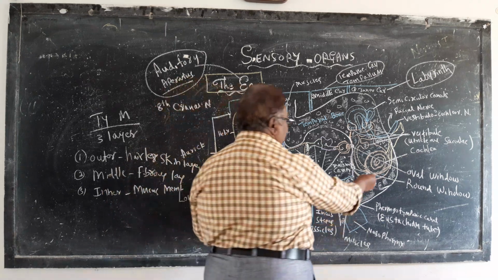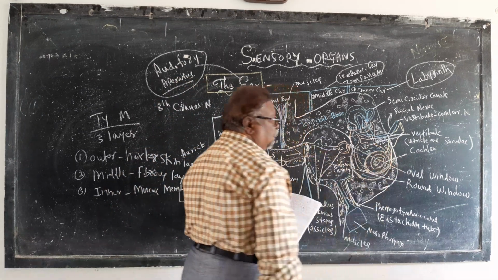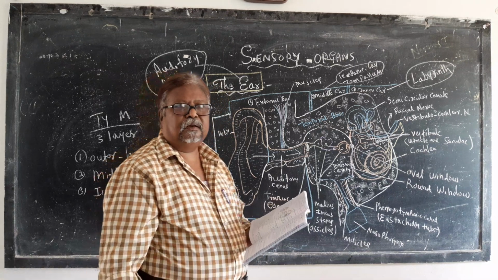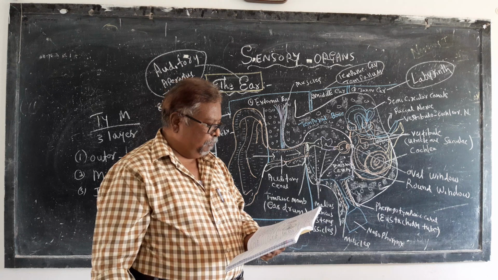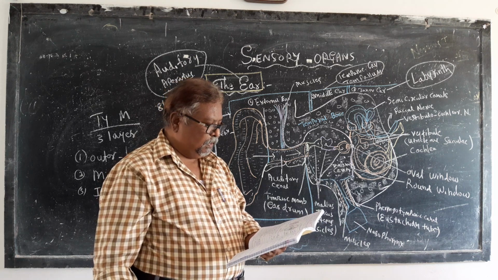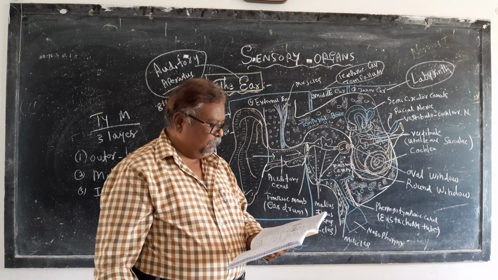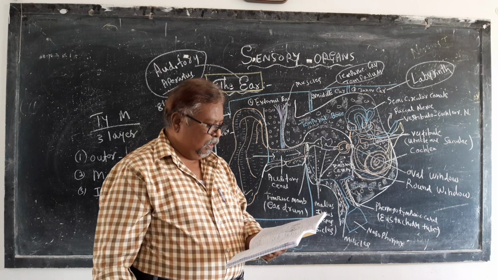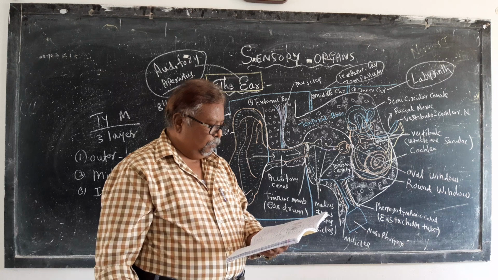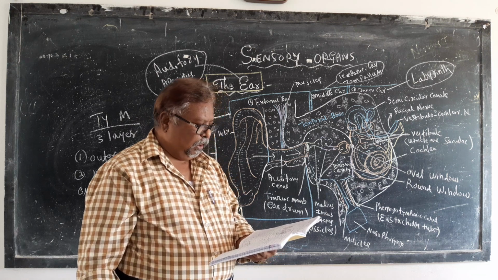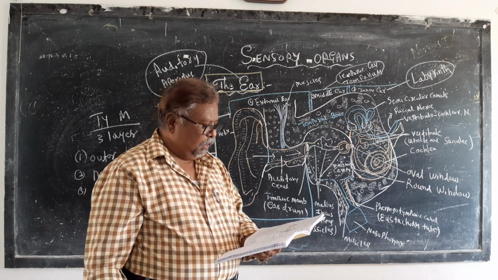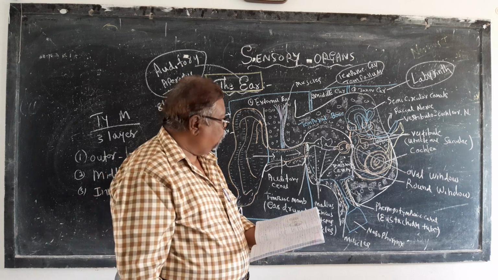It looks like a round snail shell, which has a broad base continuous with the vestibule, a narrow apex and a spiral round.